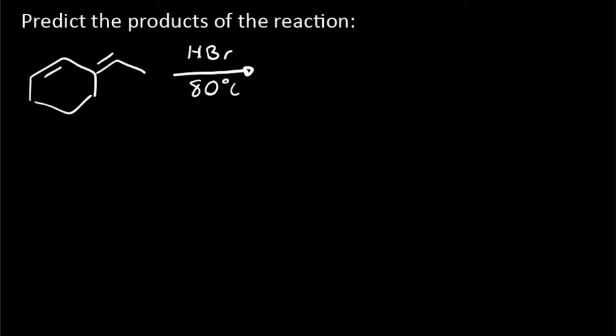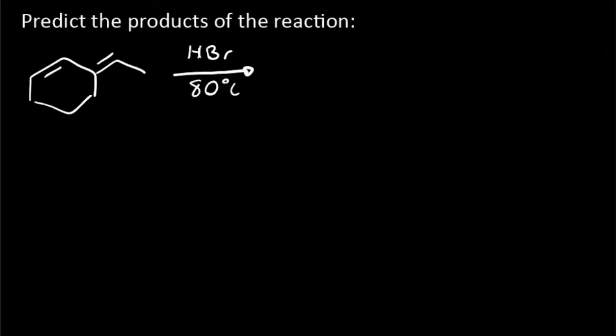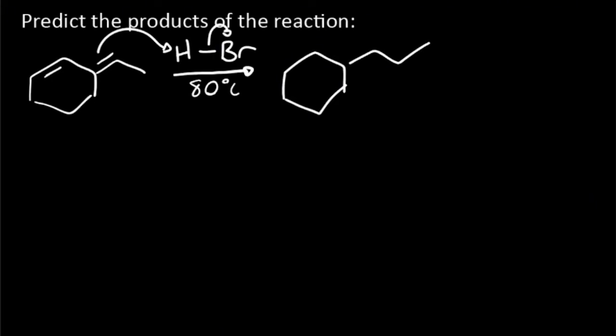All right, let's try this one. So this one, we don't have a radical initiator. So this is just going to be normal ionic addition. So when we add HBr, the double bond is going to attack at the hydrogen, and we're going to have ionic intermediates, meaning we'll have the hydrogen add here, and we're going to have a carbocation here, and we're also going to form Br minus.